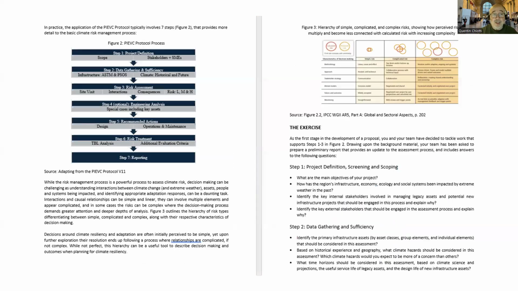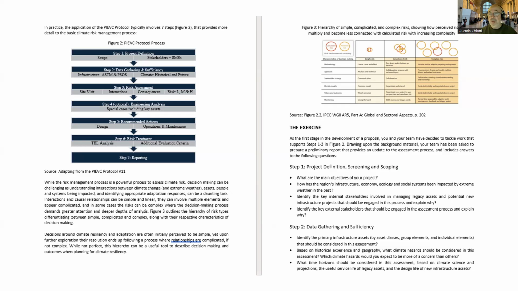So when you go through this, and again, I'm just reiterating what's in the assignment itself, the assessment framework: I've expanded it from 5 to 7 different steps under Figure 2 for the PIEVC protocol process.